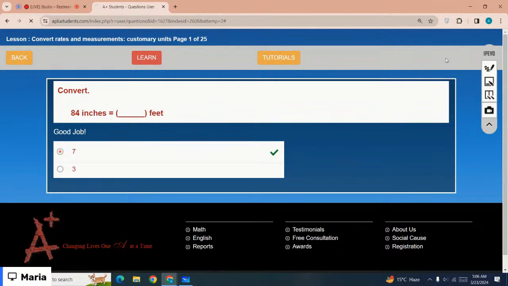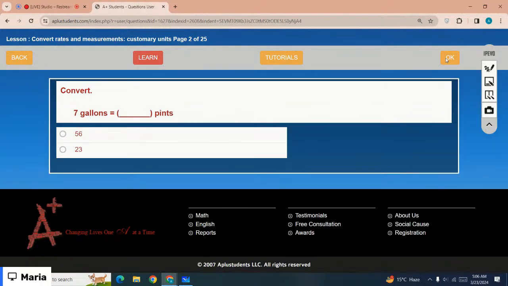Okay, the next one is 7 gallons to pints. You have to convert from gallons to pints, right? So 1 gallon equals 8 pints, right? Gallon is a bigger unit, pints is a smaller unit.